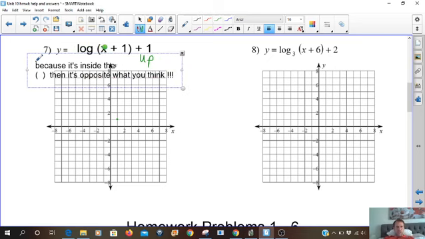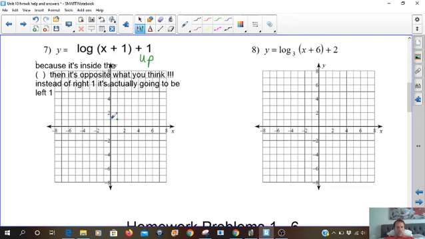So instead of right 1, it's actually going to be left 1. There we go. Okay, awesome. So that means we're actually going to go back here 1. Interesting. So now we've got to shift back here 1.